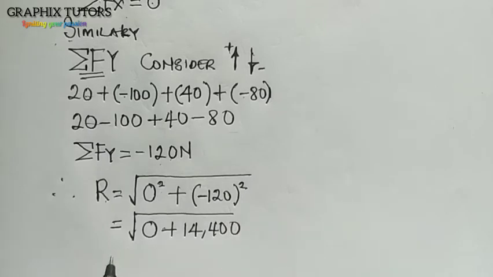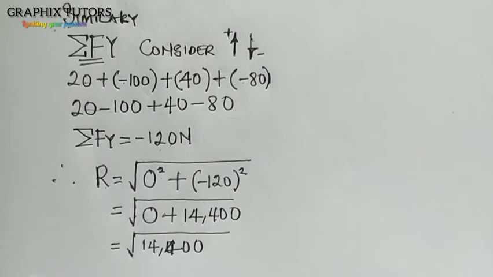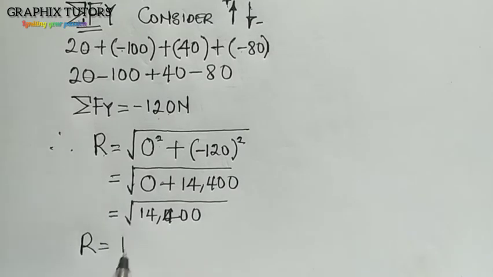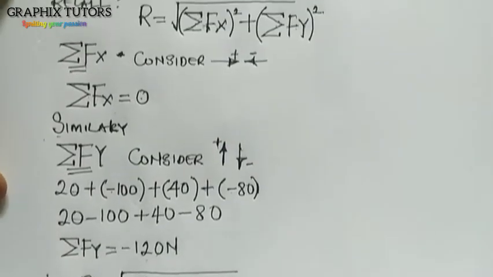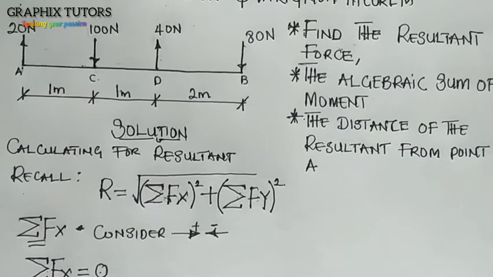Now this is going to give us 0 plus 14,400, which will give me 14,400, right? 14,400, and the square root of that will give us 120. So we say my resultant force is 120 Newton. That will be my answer for the resultant force. Are we good? So we've calculated the resultant force here.